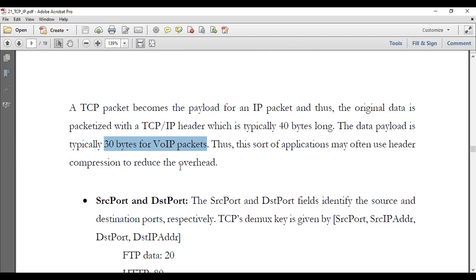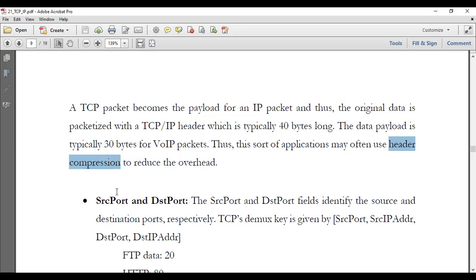But you need to send these packets, because you cannot just accumulate a number of packets and then send them, creating a large IP packet. Then the reception quality won't be comfortable. You need continuous arrival of all these packets and reproduction of the sound. So to increase the efficiency, some header compression is used.